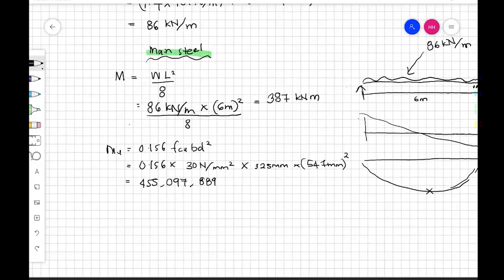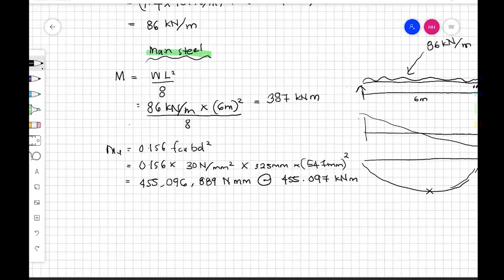Tapi dah 455,097.096889. So ini unit dia Newton millimeter. So kita convert dia jadi kilonewton. 455.097.